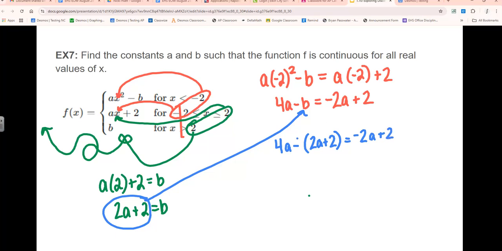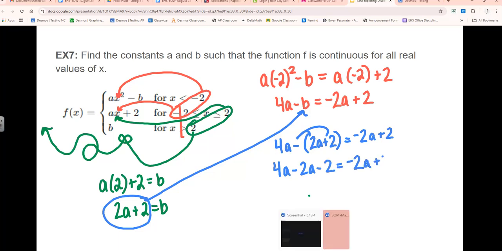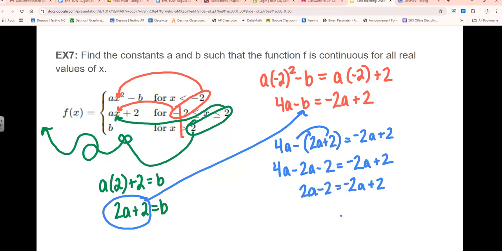And so we'll distribute our negative here. 4a minus 2a minus 2 equals -2a plus 2. Let's combine our like terms here. We got 2a minus 2 equals -2a plus 2.